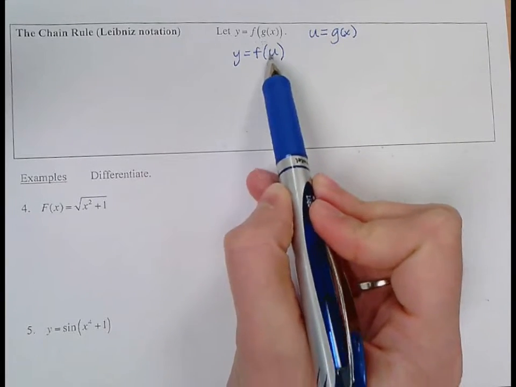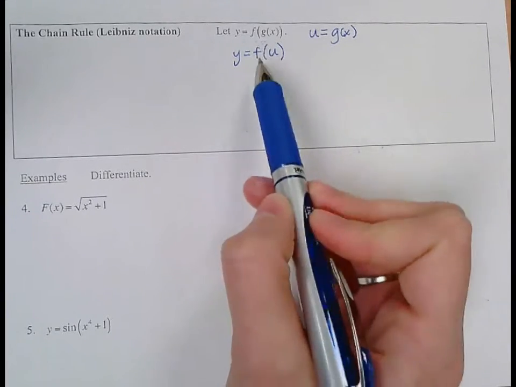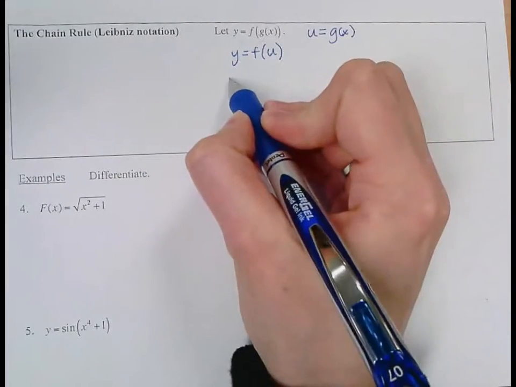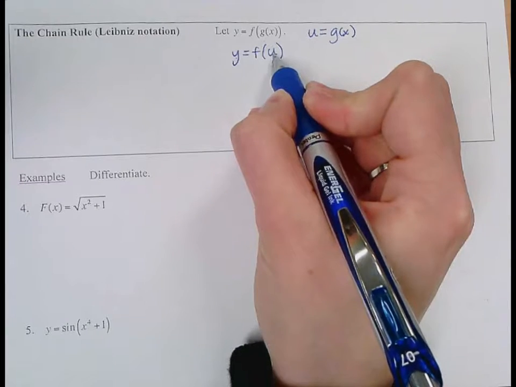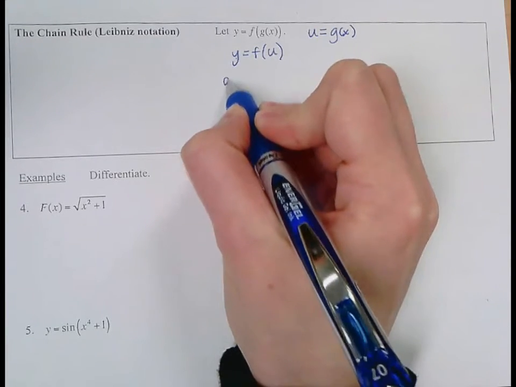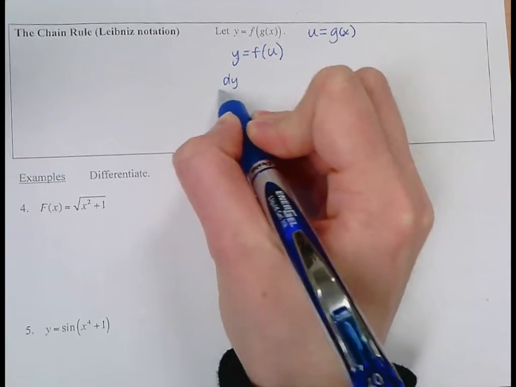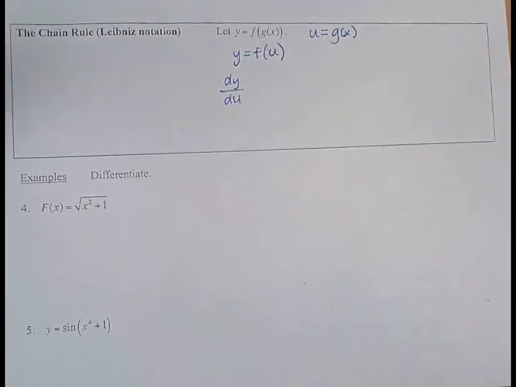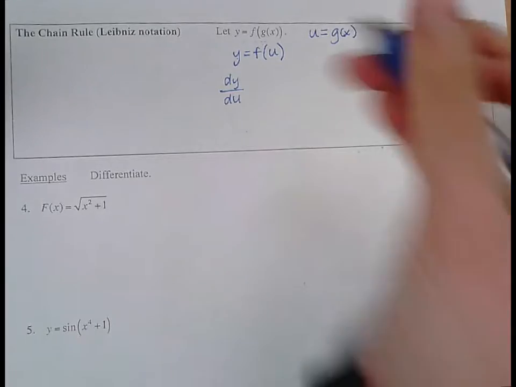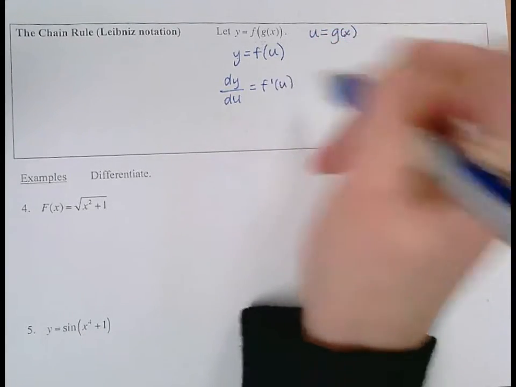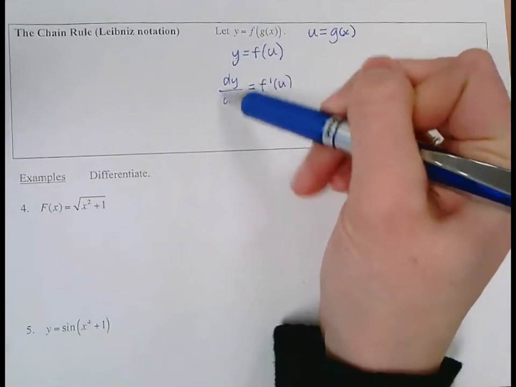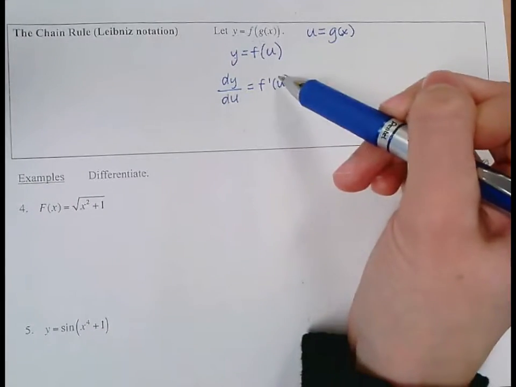So then the Leibniz notation, if I take the derivative of y, y is now a function of u. So in Leibniz notation, it would be dy du, the derivative of y with respect to u. That would be f prime of u. So dy du would be the Leibniz notation for that derivative.